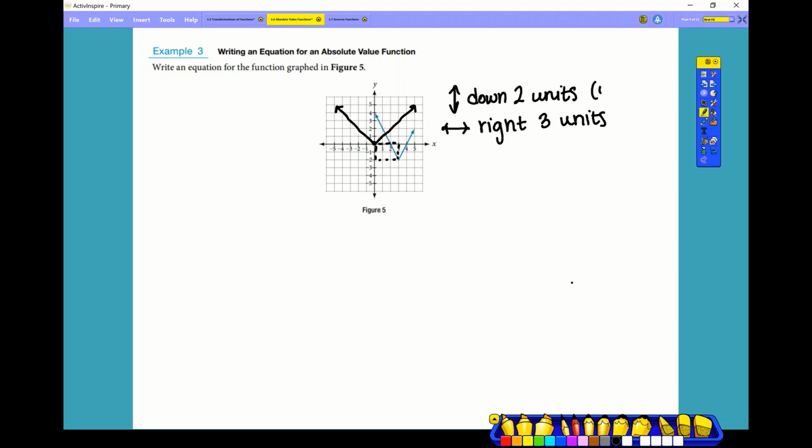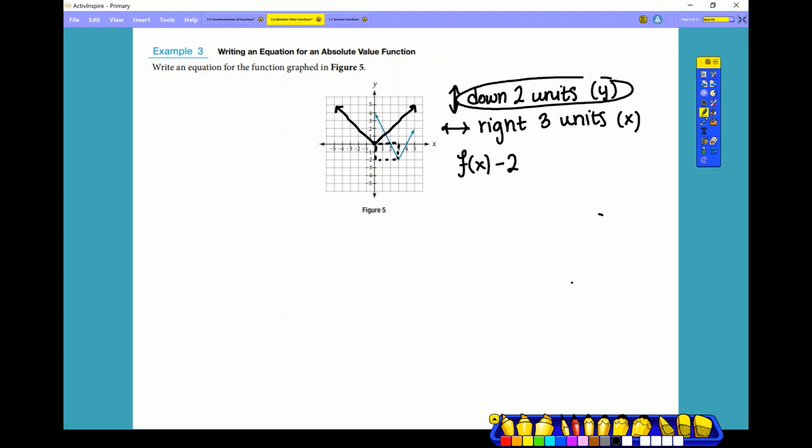Remember, this up and down is in Y, and this side to side is in X. So I know I'm going to have something, so our parent function, the toolkit function, I know I'm going to subtract 2 from it, right?